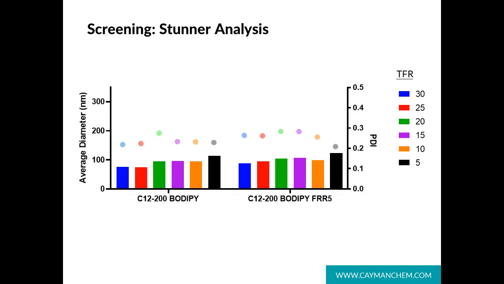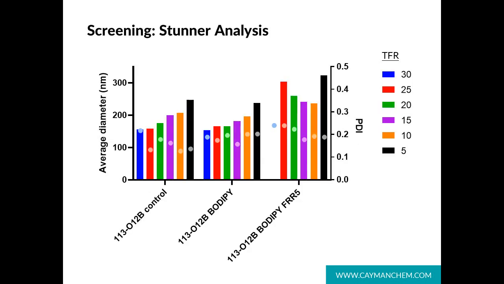Similar observations were made with C12-200, with flow rate ratio of 5:1 and lower total flow rates, on average resulting in larger and less uniform particles. Additionally, 113O12B showed the same trend, with even greater differences with total flow rate and flow rate ratio.